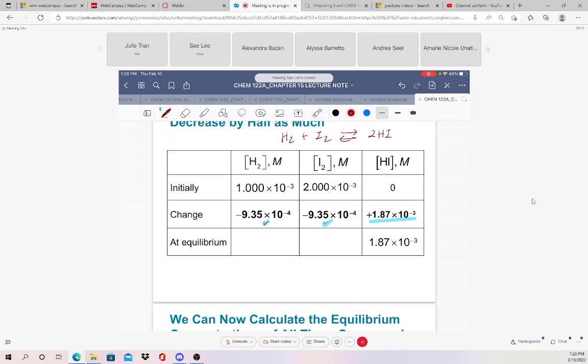All you have to do is use the coefficients in the balanced equation to relate the change in product to the change in the reactants. The coefficients for the reactants are 1, and for the product is 2.